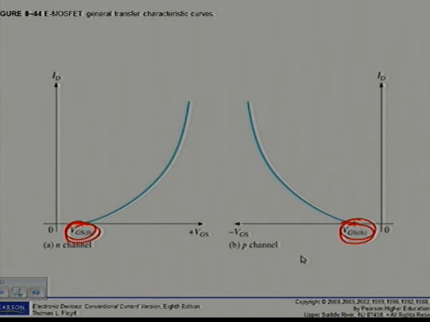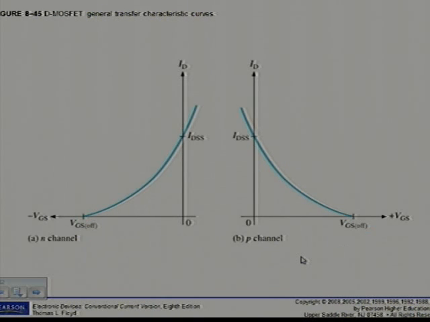As we've seen, a D-MOSFET can operate with either positive or negative gate voltages. So if we go and look at figure 8.45, I can see the general transfer characteristic curves for the D-MOSFET. The point on the curves where VGS equals 0 corresponds to IDSS, exactly the same as we had for the JFET.